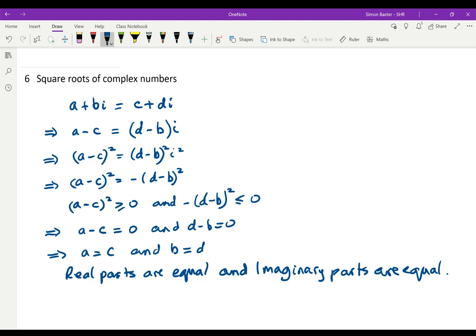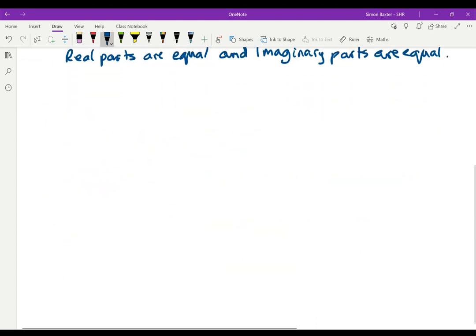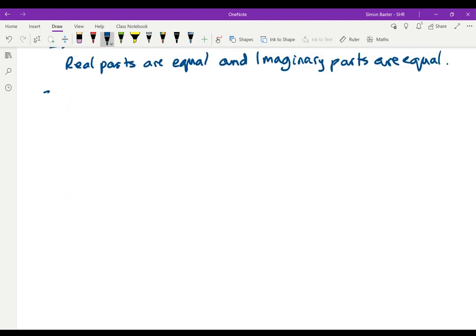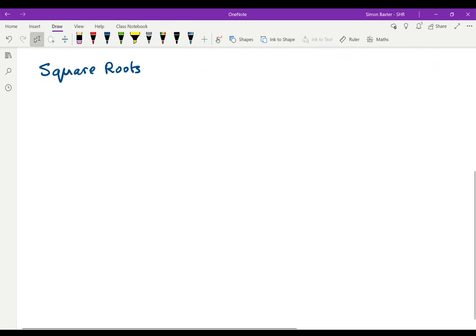Okay, we are now in a position to go ahead and look at the square root of a complex number. So let's look at square roots of complex numbers. This is best done if I take an example.